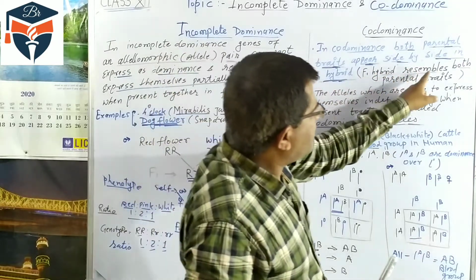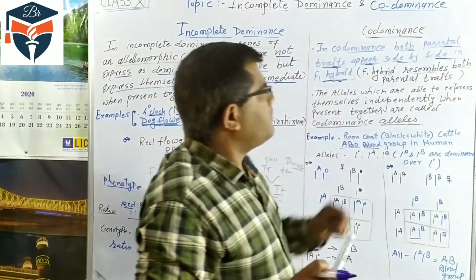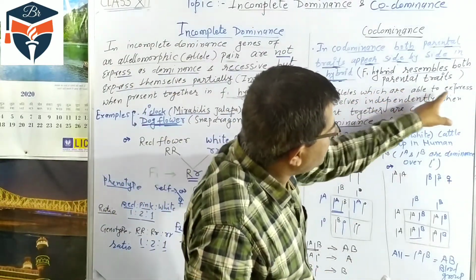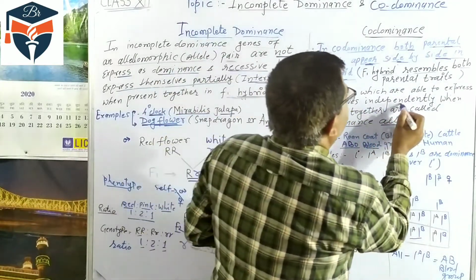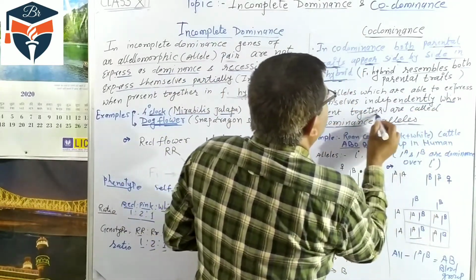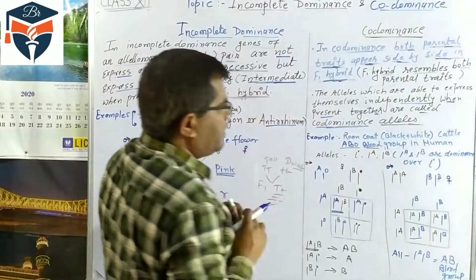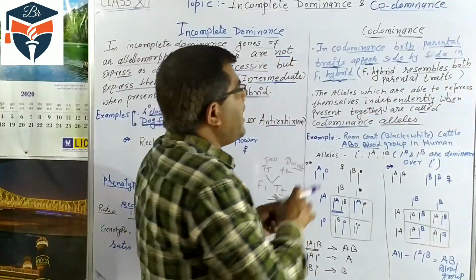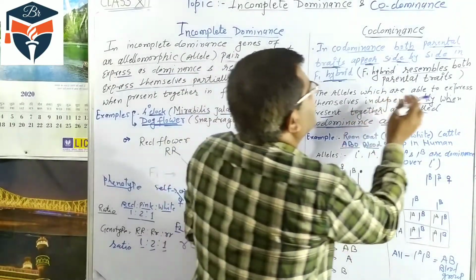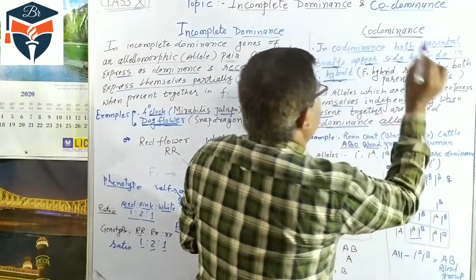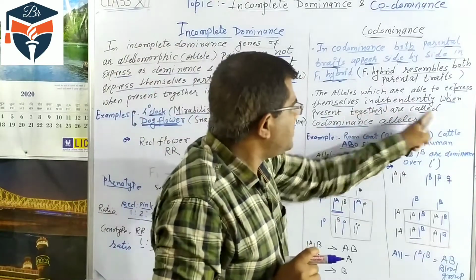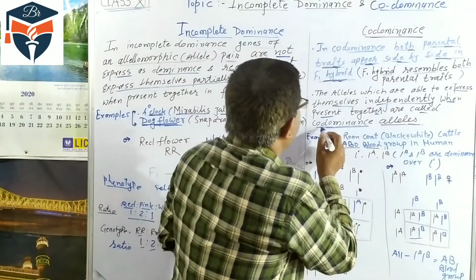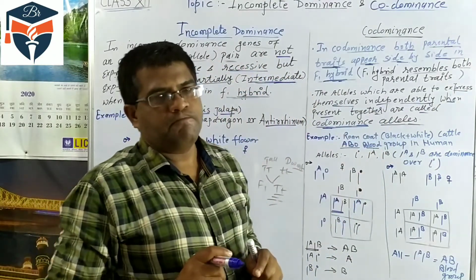It means the F1 hybrid resembles both parental traits. In other words, the alleles which are not dominant over each other and express themselves independently when present together are called co-dominant alleles. If the alleles come from both parents and are able to express themselves independently when present together in the F1 progeny, these are called co-dominant alleles.